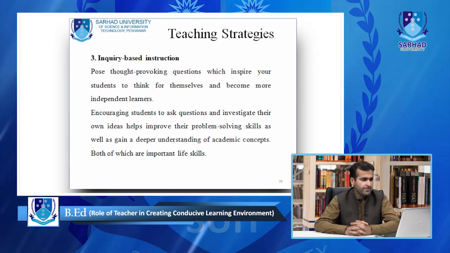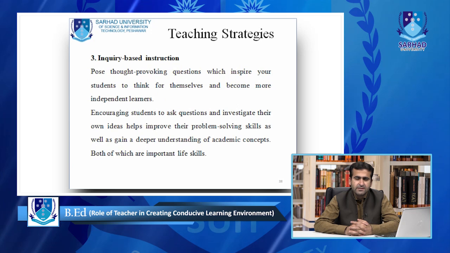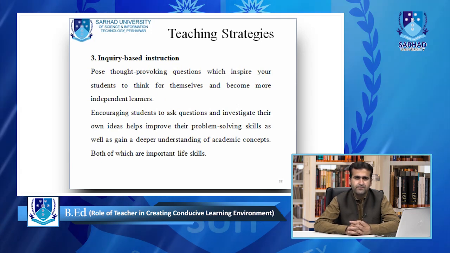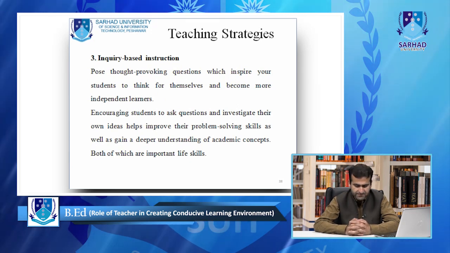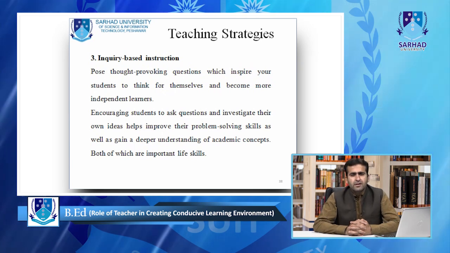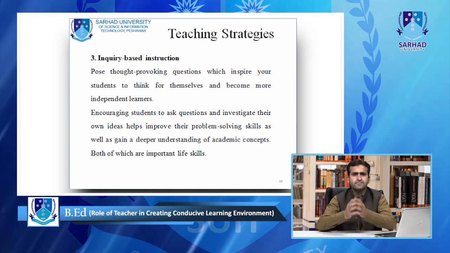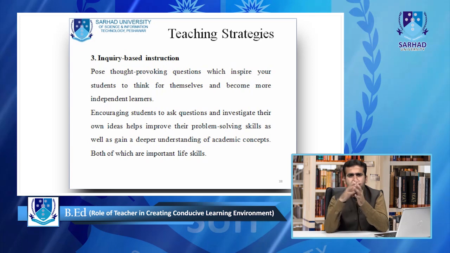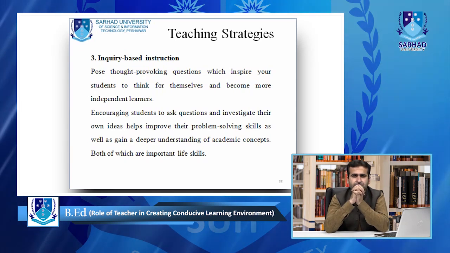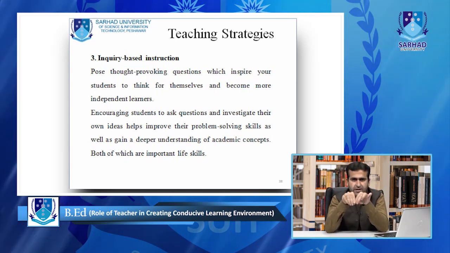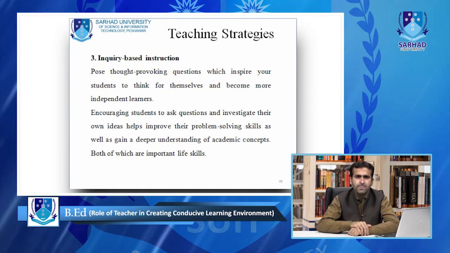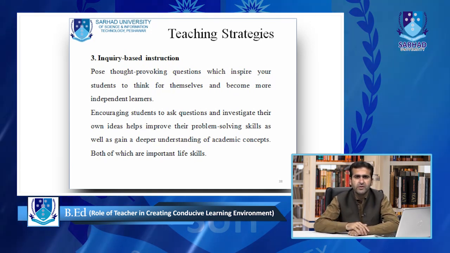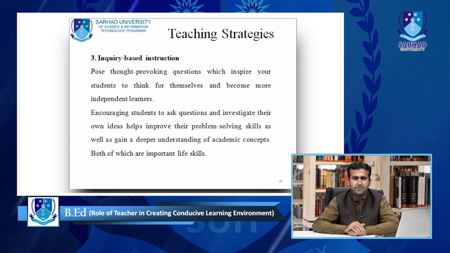Third, inquiry based instruction. What is inquiry based instruction? Let's suppose yesterday a teacher delivered a lecture. Now today when the teacher comes, the teacher needs to ask certain questions on the previous lesson.